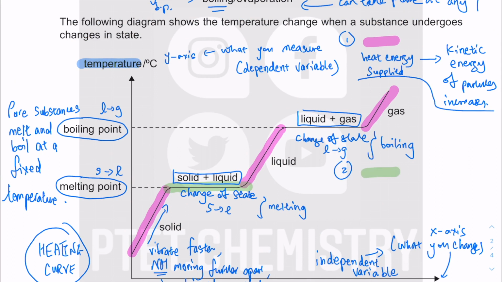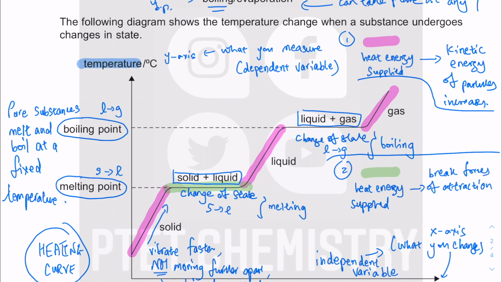The heat energy is still being supplied, but where does the heat energy go to? The heat energy goes to break the forces of attraction between the particles. If you are talking about melting, going from solid to liquid, you need to separate the solid particles that are tightly packed.